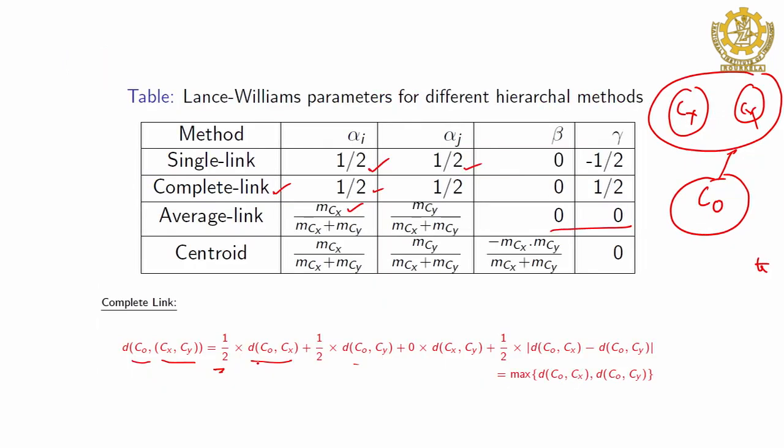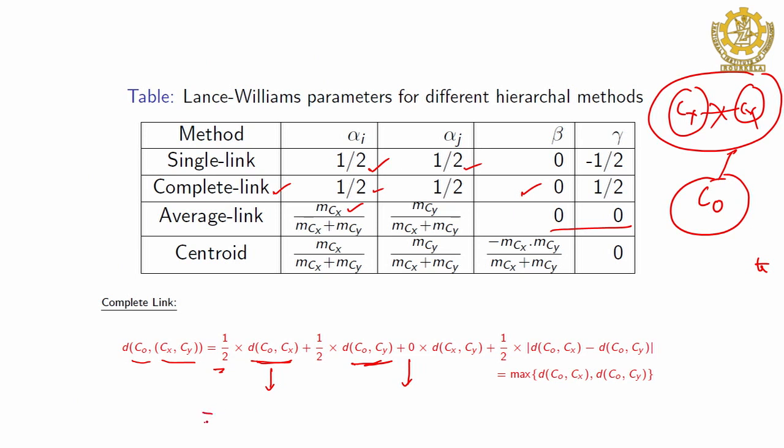So, here, distance from C0 to Cx, that is the first term, and this value alpha is half, and then distance from C0 to Cy, this is half, and this value is 0. So, distance from Cx to Cy, no need to know here, and then the rest of the thing, half of the distance C0 Cx minus distance of C0 Cy.